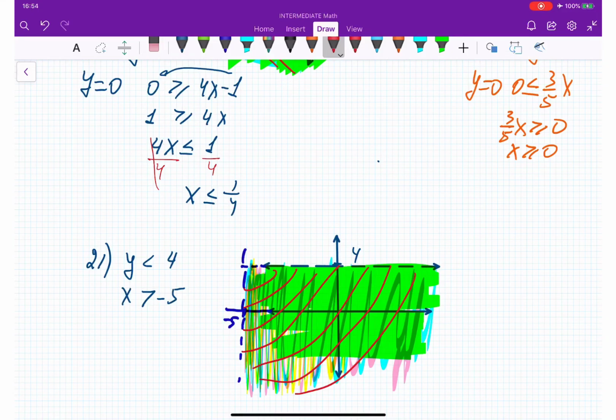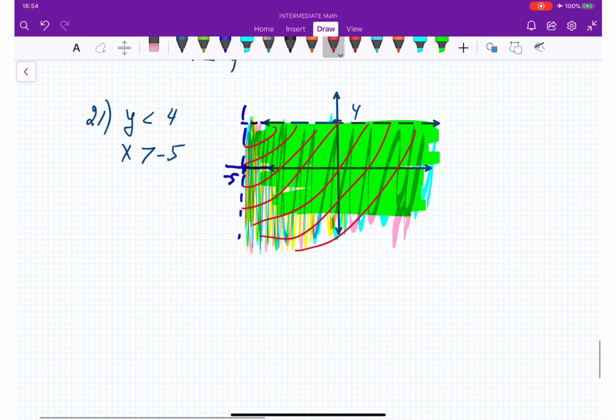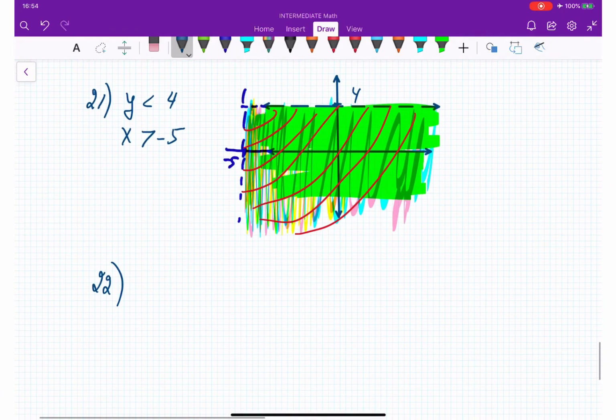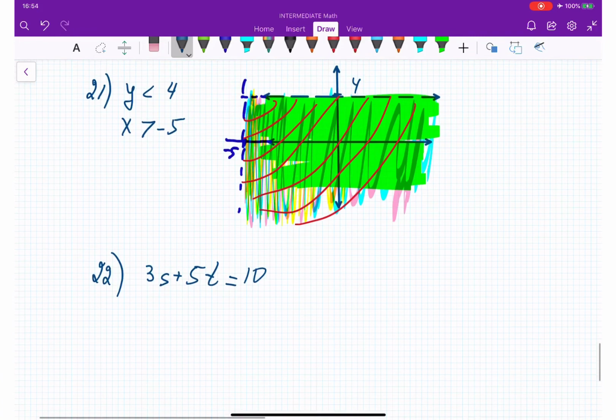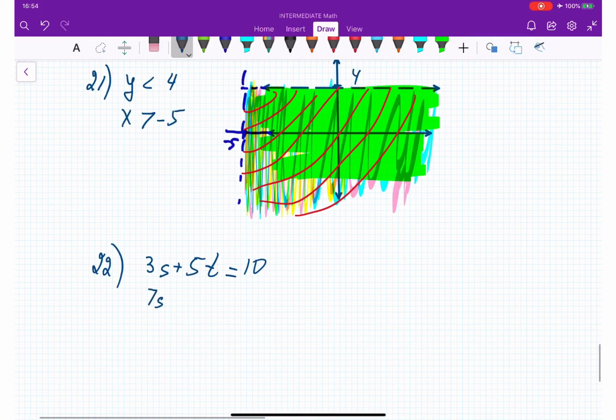Number 22. 3s plus 5t is equal to 10, and 7s minus 15t equal 18.